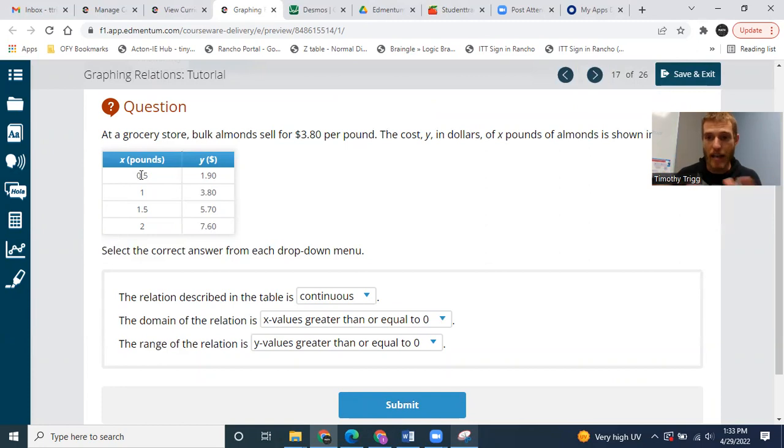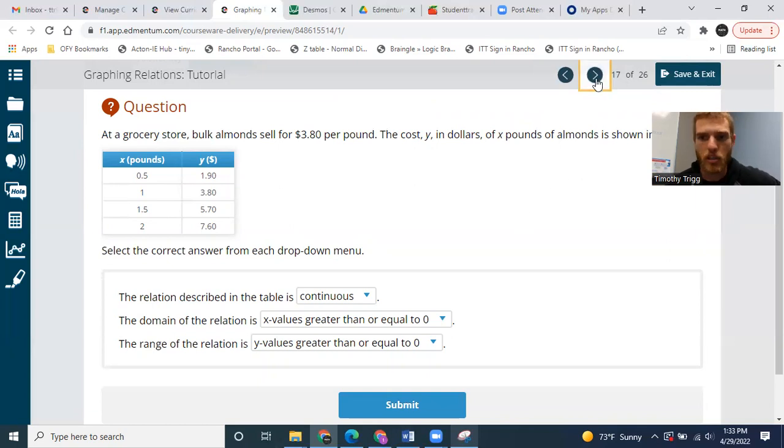So any decimal you could think of can fit in there. Well, besides negatives in this case, but yeah, so things that are continuous are usually like weights, time. So things that are measured can be split up into smaller and smaller portions is continuous.